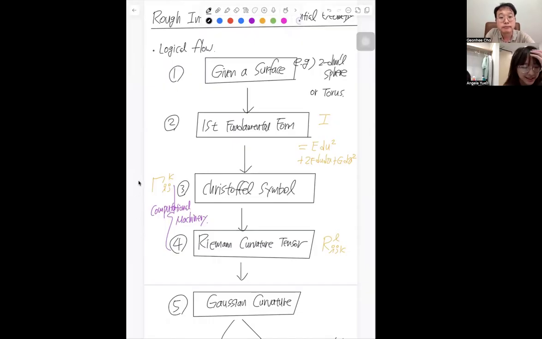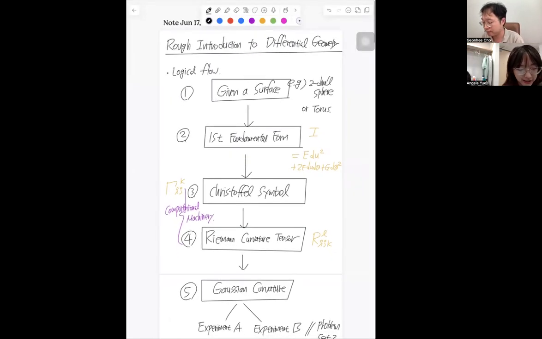Could I ask a question? Sure. I was computing the Christoffel symbol, and I understood everything except that when I asked ChatGPT, some of them are just equal to zero. How do I tell, without actually working through it, that it's equal to zero?